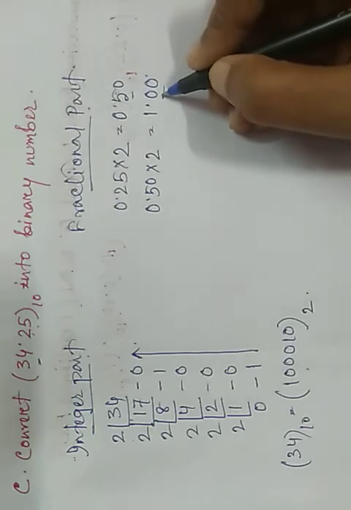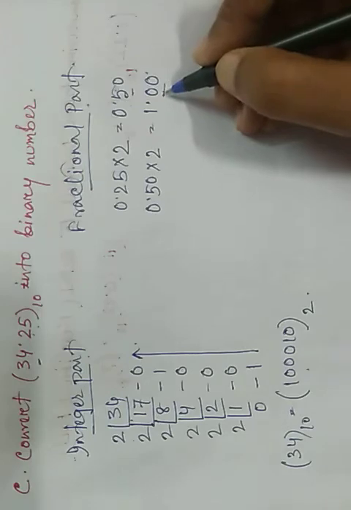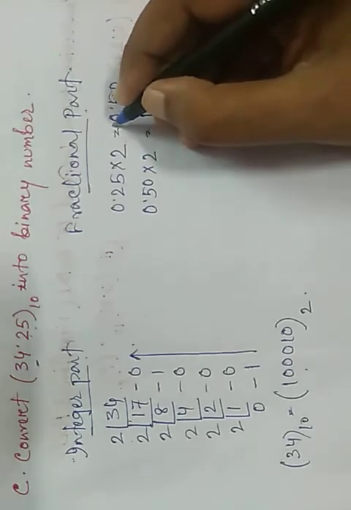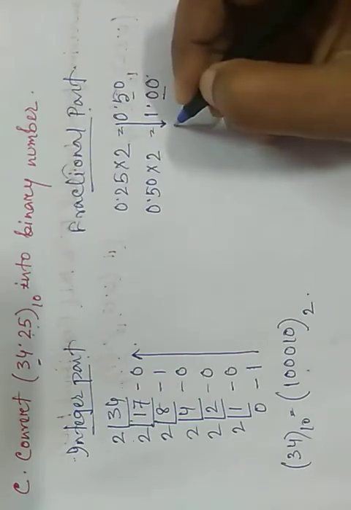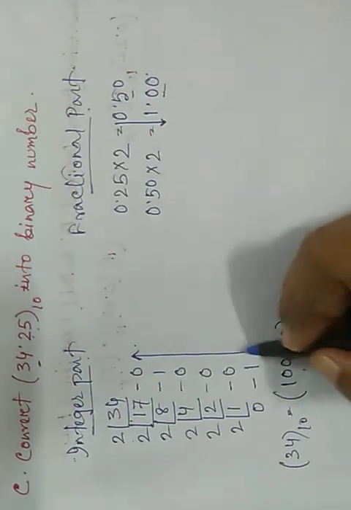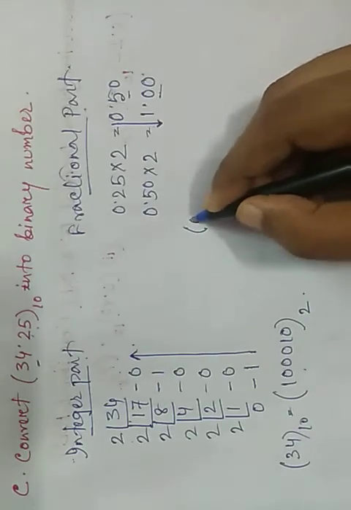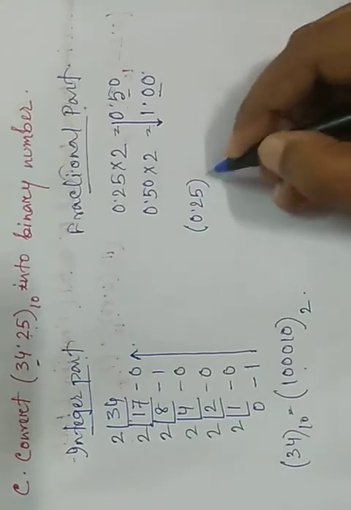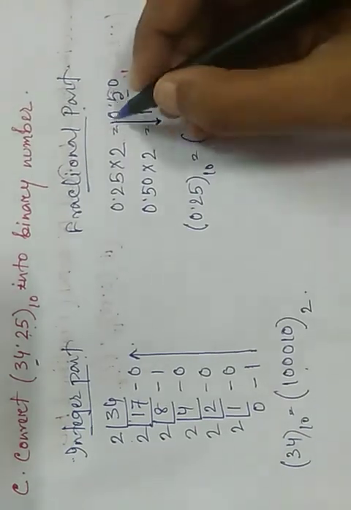If we multiply 00 by 2, it will again be 00, so we can leave it here. Now we have to take the integer portion from upward to downward. Here it is downward to upward, here it is upward to downward. So 0.25 base 10 equals to 0.01.